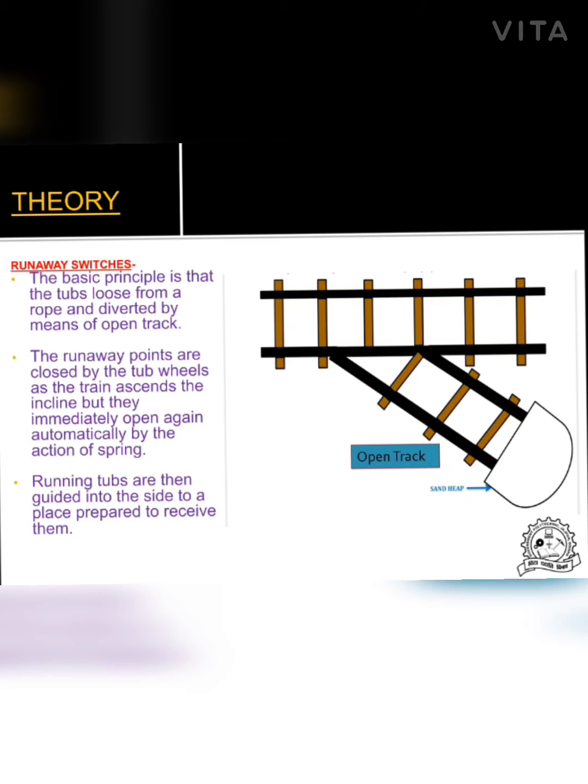The runaway points are closed by the top wheels as the train ascends the incline, but immediately open again automatically by the action of a spring. So when the tops run back, they are guided into the side to the place prepared to receive them, as shown in the figure.